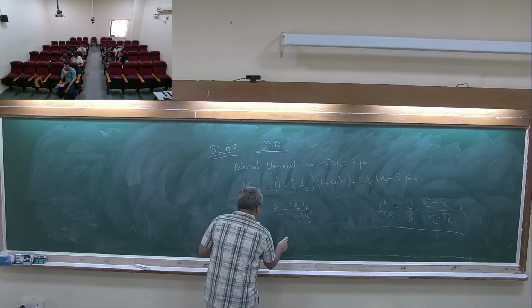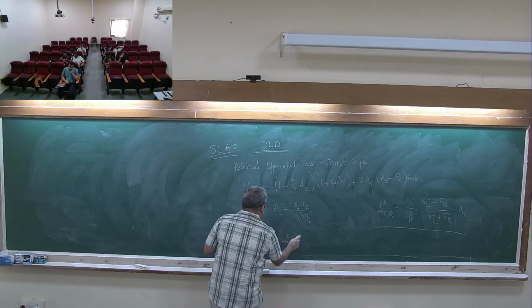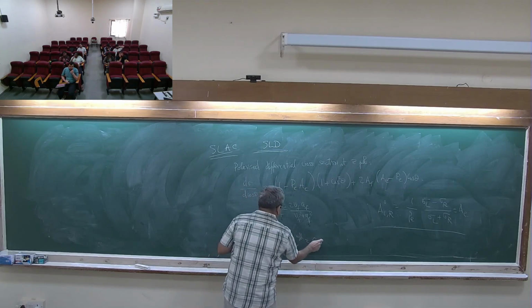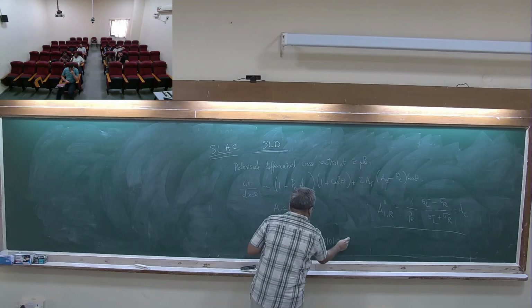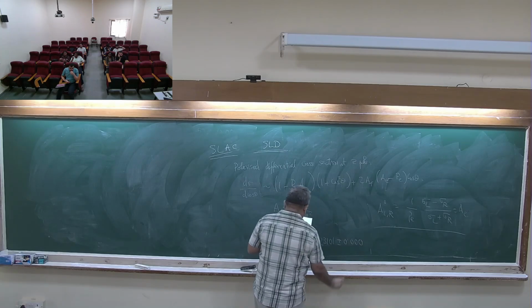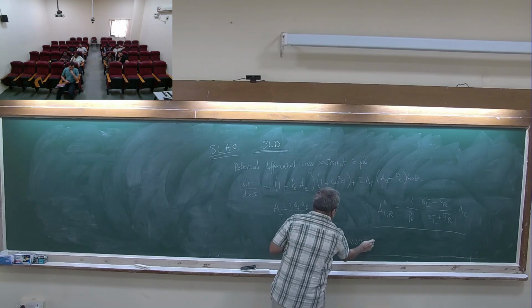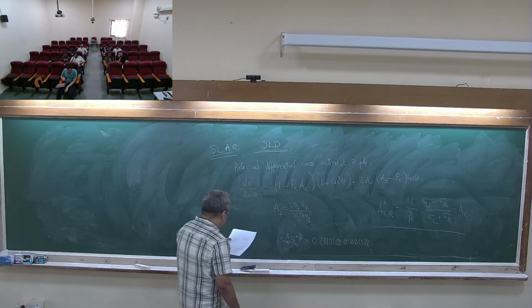So sin squared theta W effective is 0.23101 plus minus 28. It is measured independently compared to LEP.